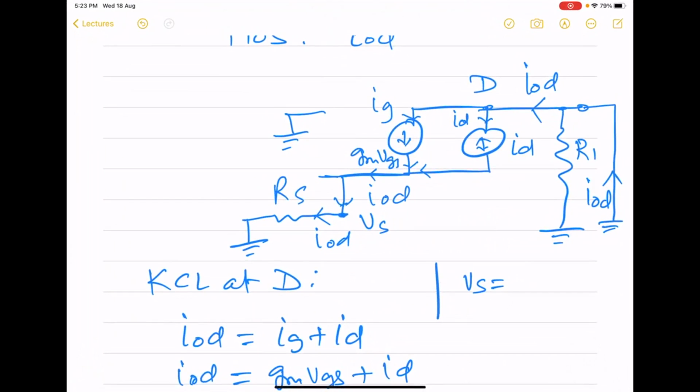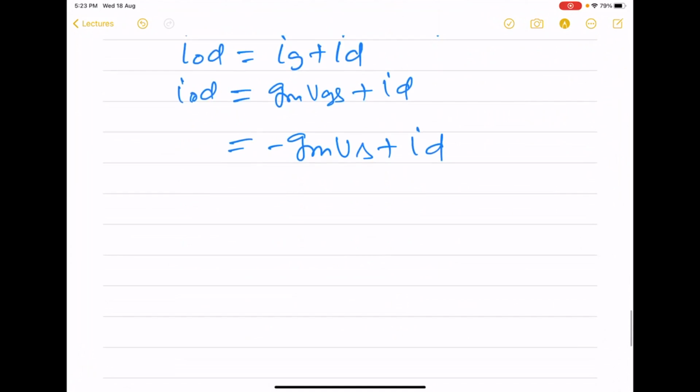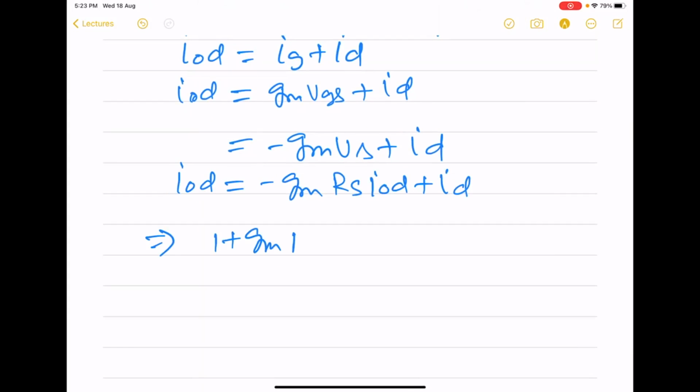So Vs is equal to RS into IOD. And this we can substitute here. So this implies (1 plus gm RS) IOD is equal to ID.